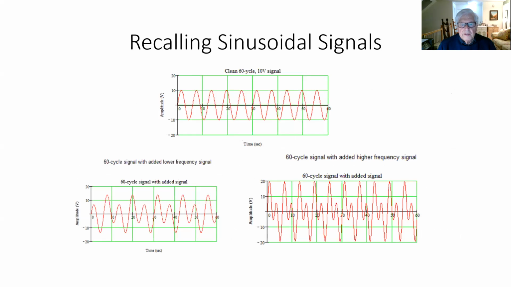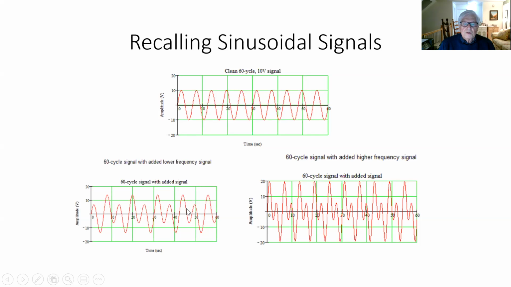Let's recall again our sinusoidal signals. Most of our signals, any radiation that we have, is sinusoidal in nature, okay? This is a typical 60 hertz signal that's got a 10 volt peak. But if we take that 60 hertz signal and add a lower frequency to it, you can see there are two different styles of peaks here.